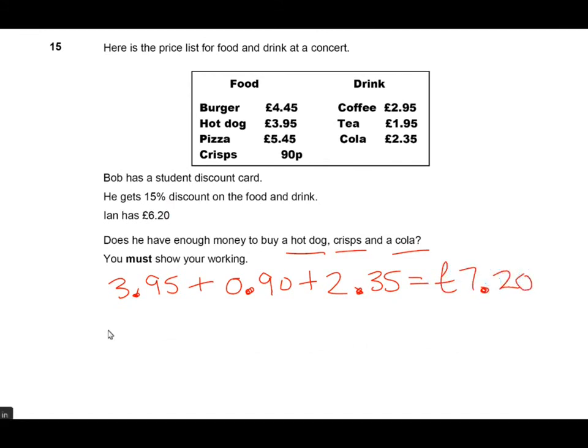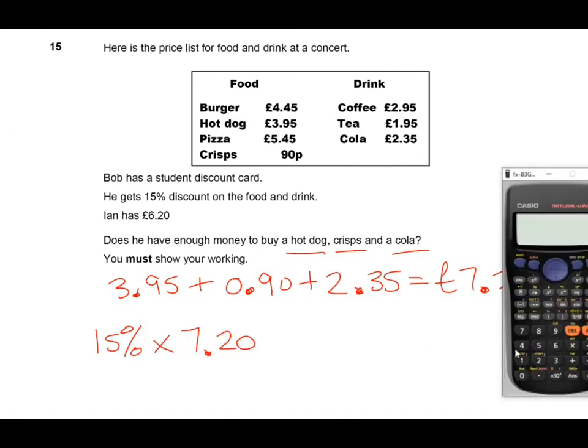He has a 15% discount, so 15% of the £7.20, and we can put this straight in our calculator. 15, don't forget the shift button and the percent of the £7.20 means he gets £1.08 off.